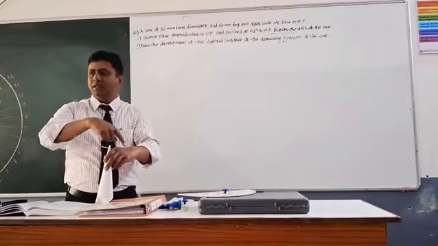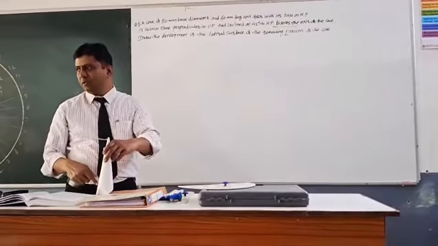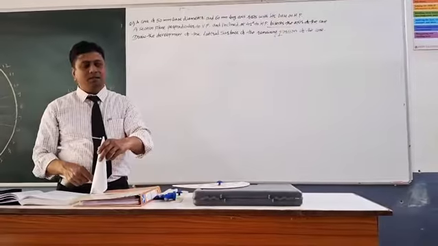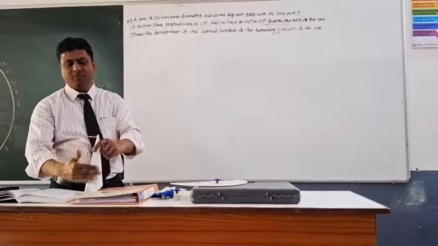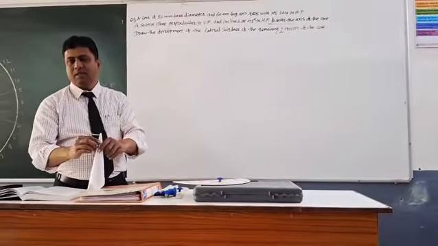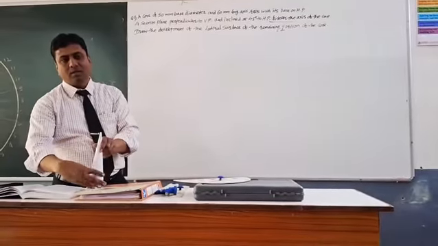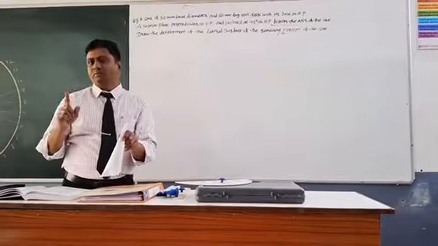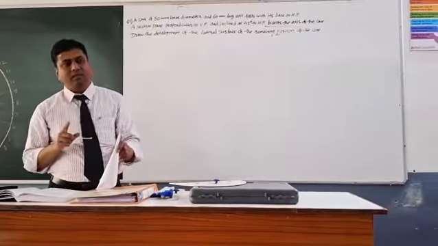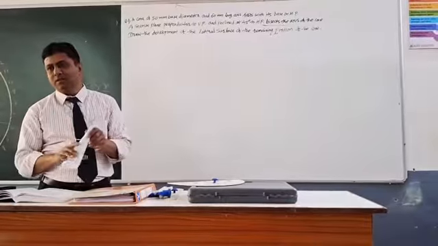Top view you will get a circle. Correct? And what is the front view? It means you have to observe the cone from the front side. This shape is nothing but what? Triangle. So you will get the front view of the cone as a triangle and the top view is a circle.